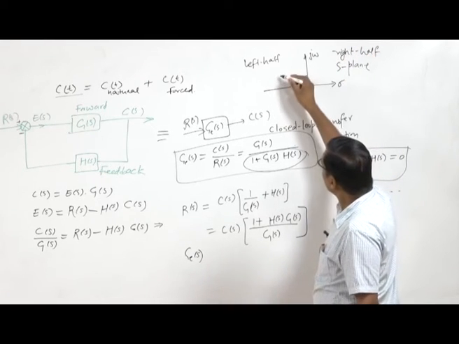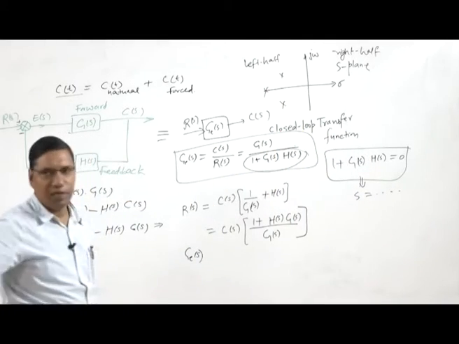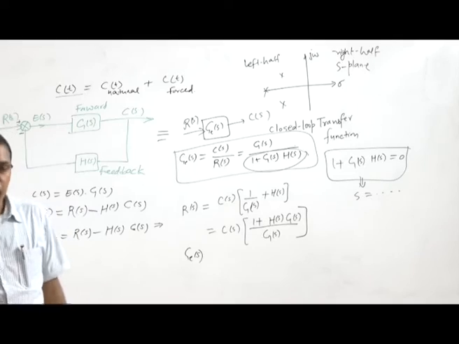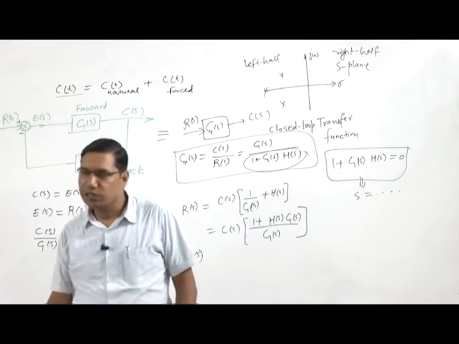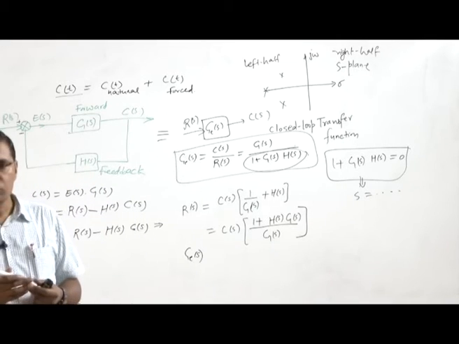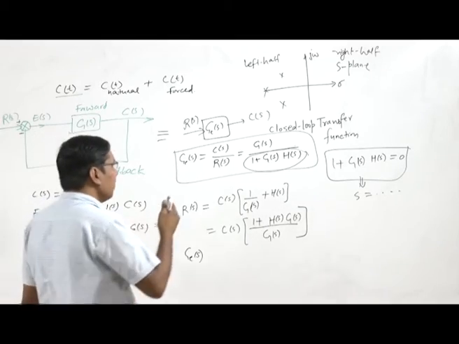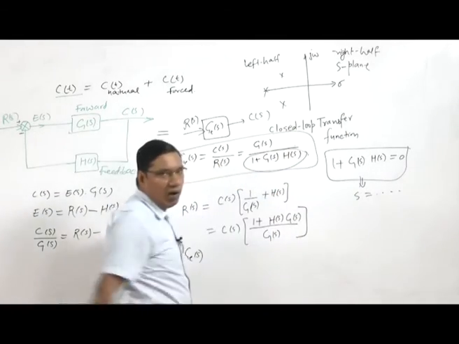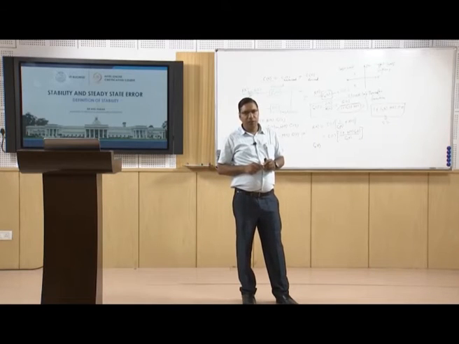All the poles must be in the left half side, and no pole to the right half side, then only the system is stable. And if any single pole is in the right half plane, then the system is unstable.